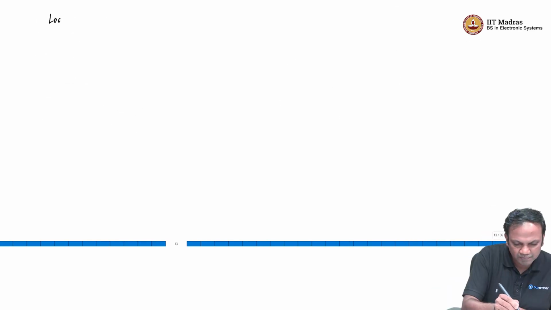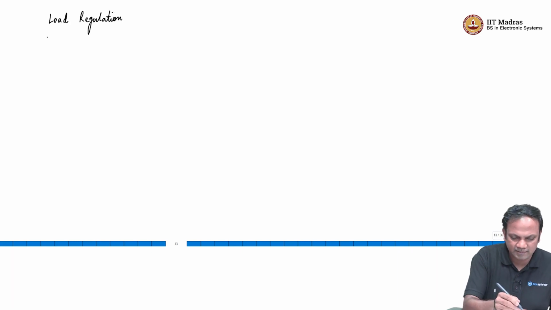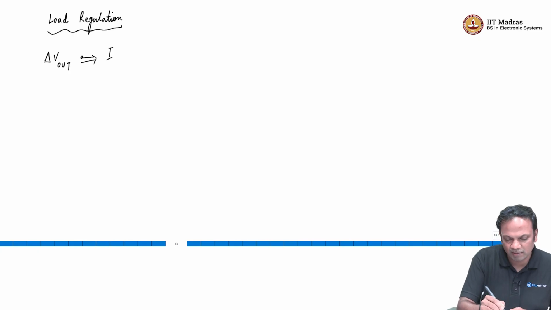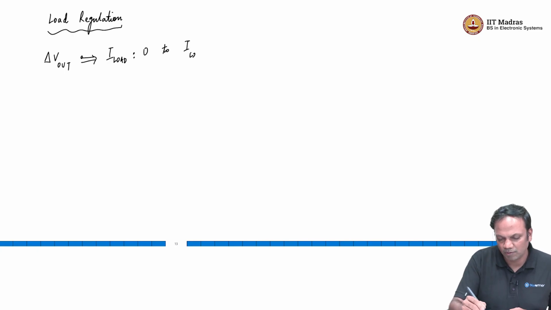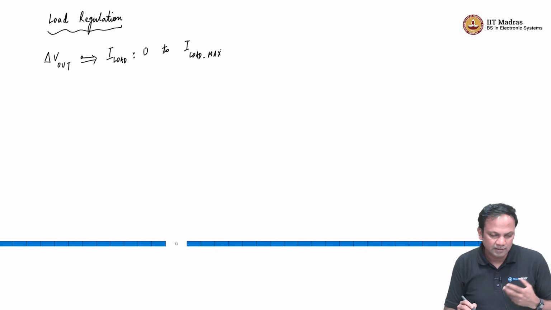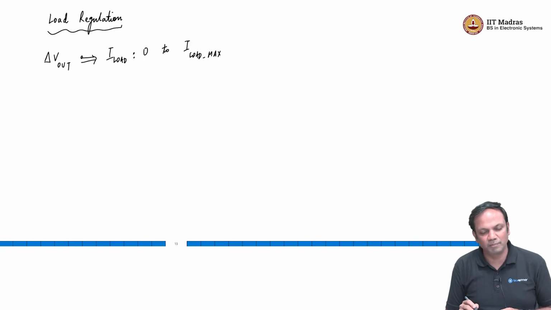Load regulation is defined as the change in the output voltage when the load current goes from 0 to I load max, and the load regulation is usually measured at the nominal voltage.